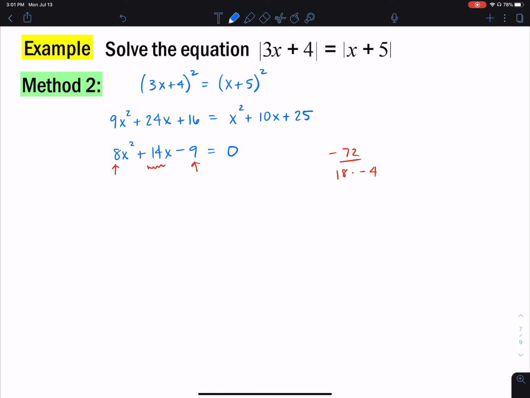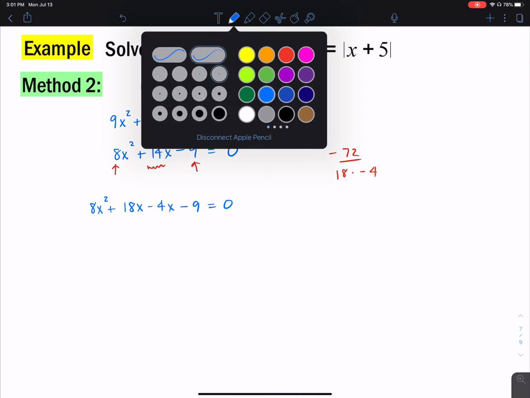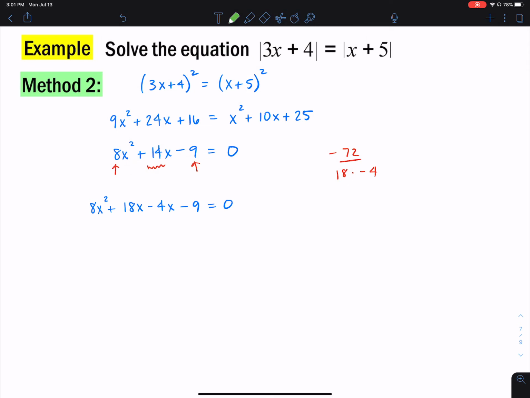So what you do now is you rewrite this quadratic using those two values as the linear term. So you're going to have 18x minus 4x minus 9. Basically you've just rewritten and expanded your original quadratic. So the next step is to factor by grouping. We're going to group these first two terms, and then group these last two terms.